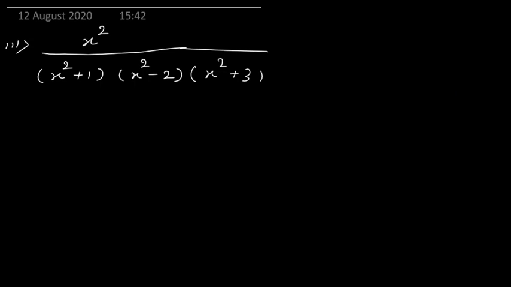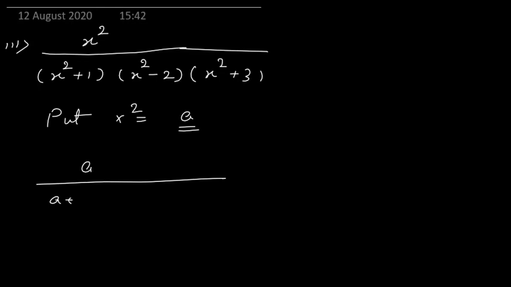So how then do we convert this into 3 variables? For that, if you replace your x square by say a, then you will get this expression as a upon a plus 1 into a minus 2 into a plus 3.